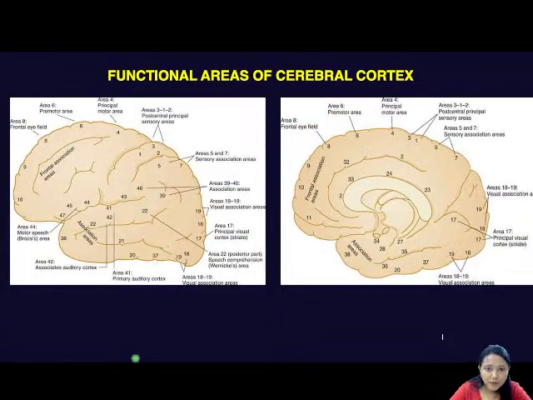Now we are going to study the functional areas of the cerebral cortex.